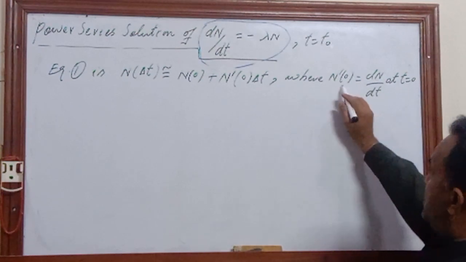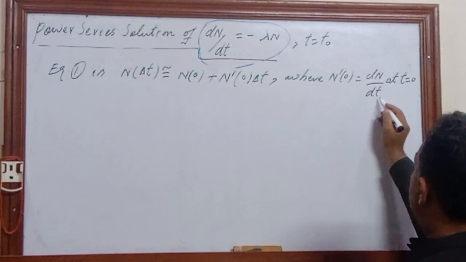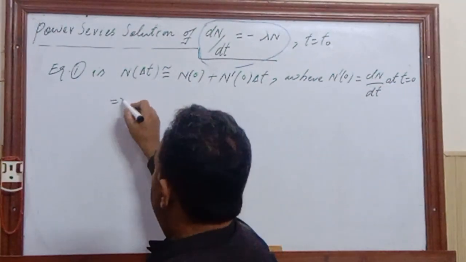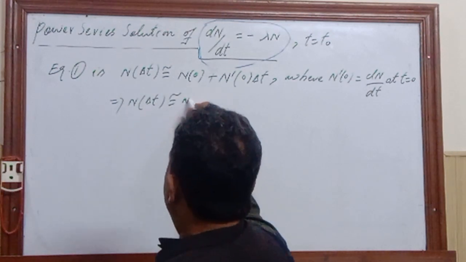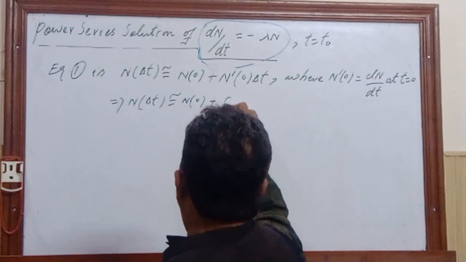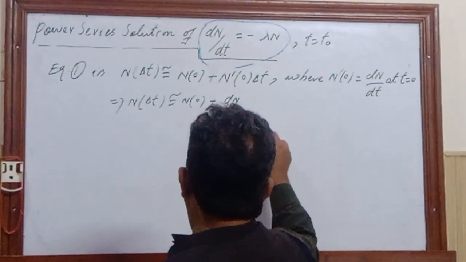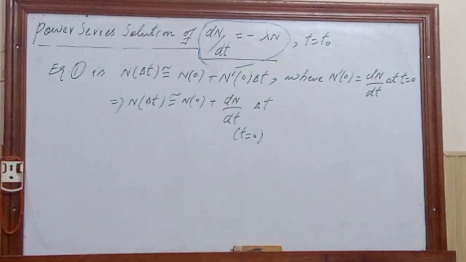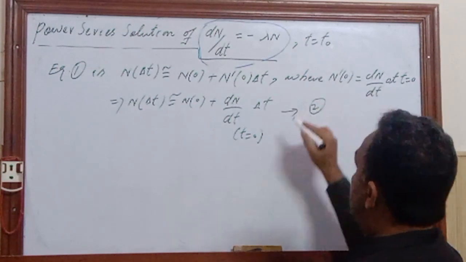Okay, this is the n dash of 0. So in order to move further, we can write this equation as n of delta t is approximately equal to n of 0 plus dn over dt at t is equal to 0 into delta t. Okay, so let's say this is equation number 2.